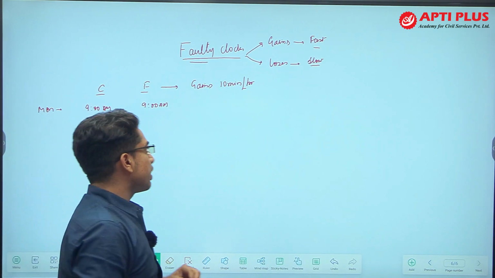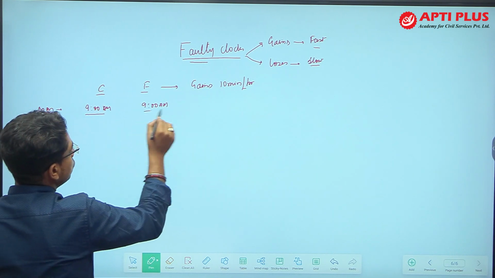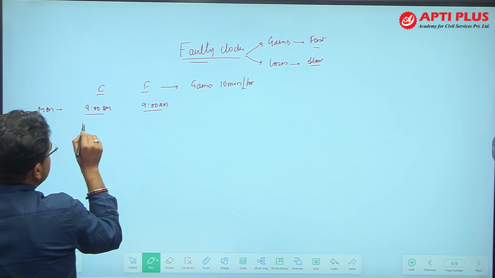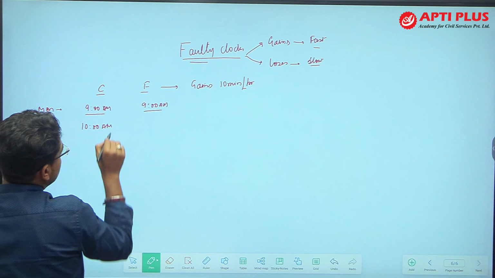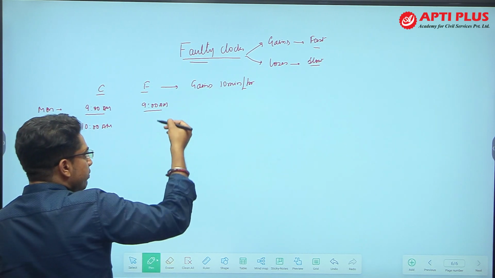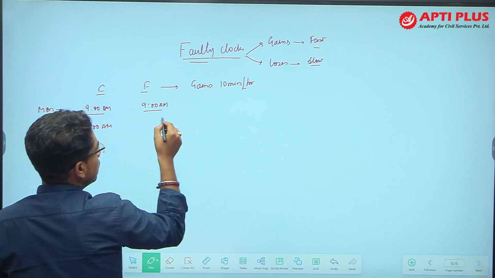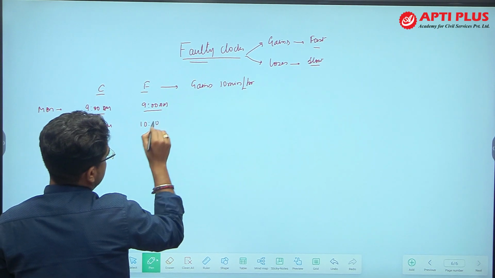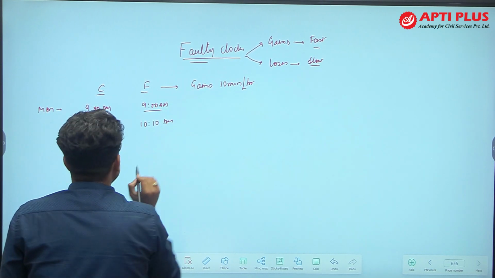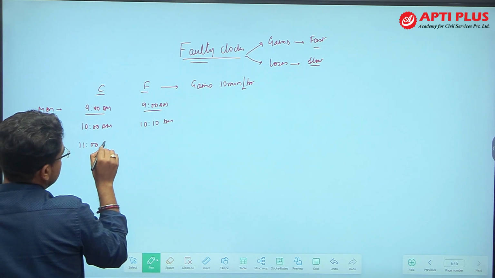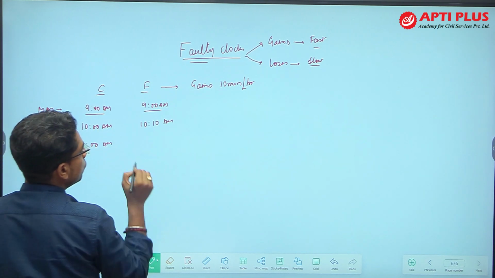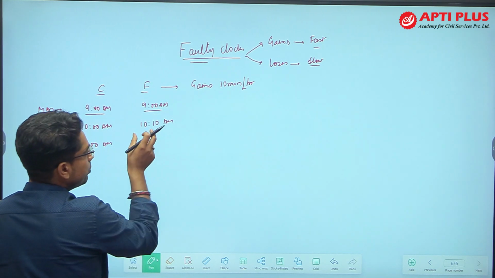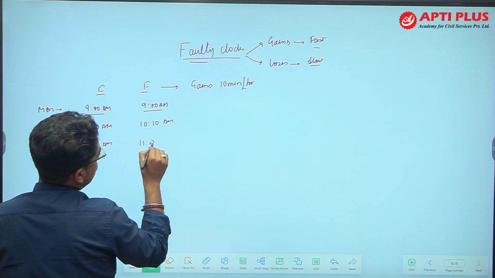Just to give an idea, at 9 a.m. the correct and faulty clocks show the same time. When the correct clock shows 10 a.m., the faulty clock will not go only 1 hour, it will go 1 hour 10 minutes ahead, so 9 plus 1:10, that is 10:10 a.m. Next, when the correct clock shows 11, the faulty one goes 1 hour ahead: 11:10 plus 10 will make it 11:20.